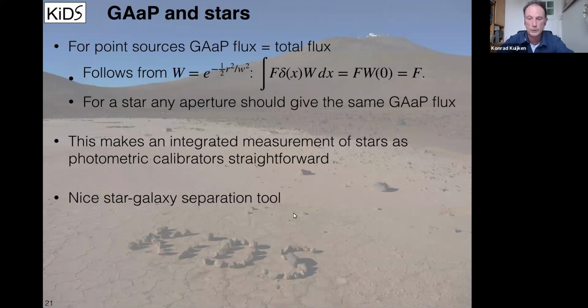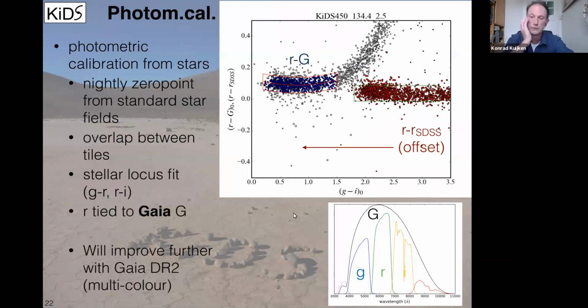So I'll quickly show you a couple of examples from each of these things. For the calibration, these are all GAaP fluxes that we're getting from the stars in our field that we can then compare to some other catalog like Sloan or like Gaia, and we do a stellar locus regression. That means that all this information gets used properly.